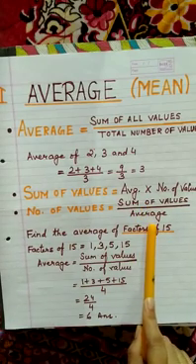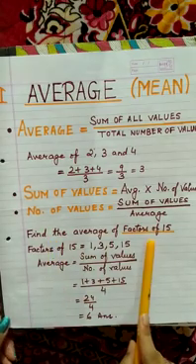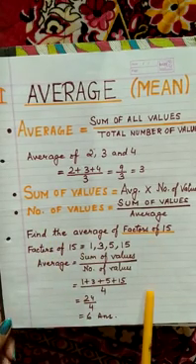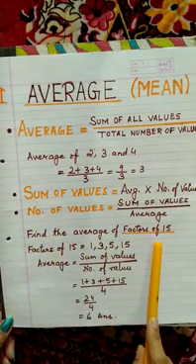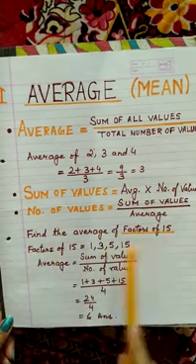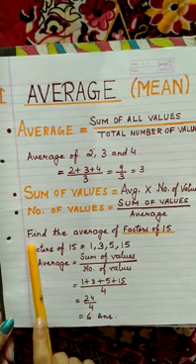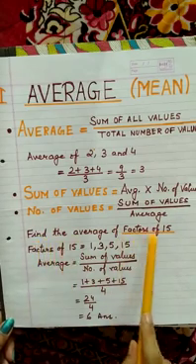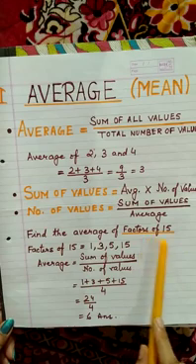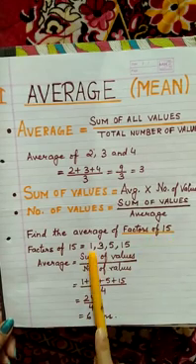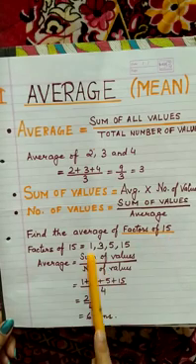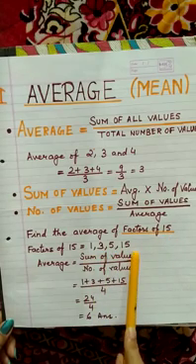Now we have a sum here to explain how we find the average of a set of values. In this kind of sum, we first have to find the set of values. So here we have to find the average of factors of 15. Factors means the numbers that divide 15. So all the numbers that can divide 15 are 1, 3, 5 and 15.